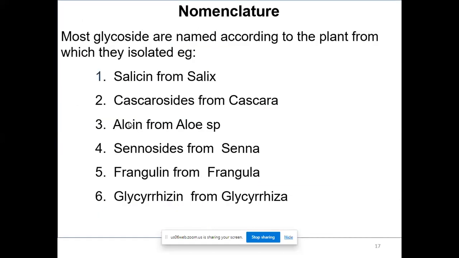They can also be named according to the plant they are isolated from. Some of them, for example, have salicin, which is from salix, and let's say aloin from aloe species.